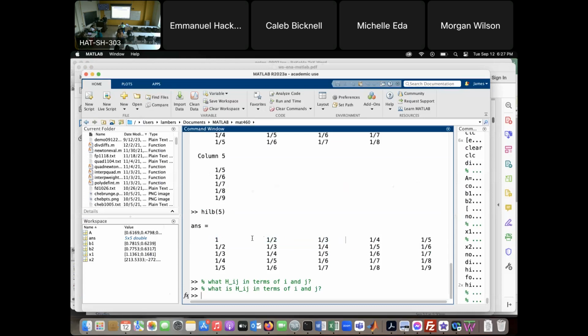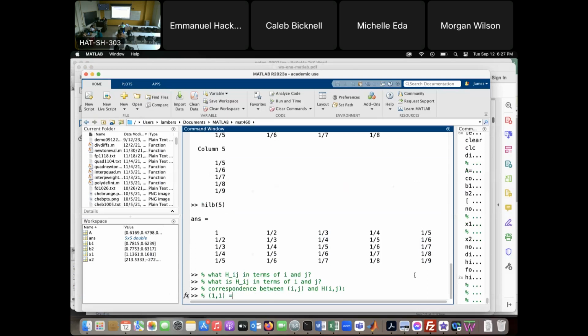The idea is to look at the pattern in the entries, a correspondence between the row and column indices and the i, j entry of the matrix.